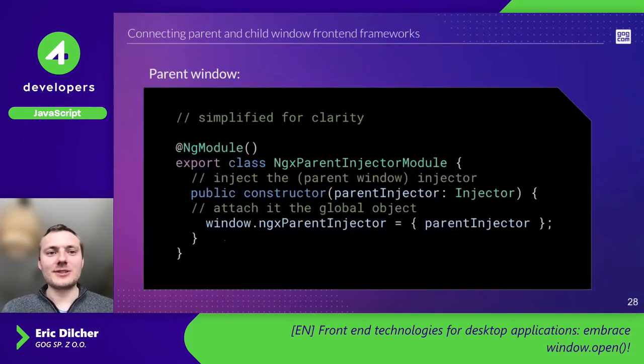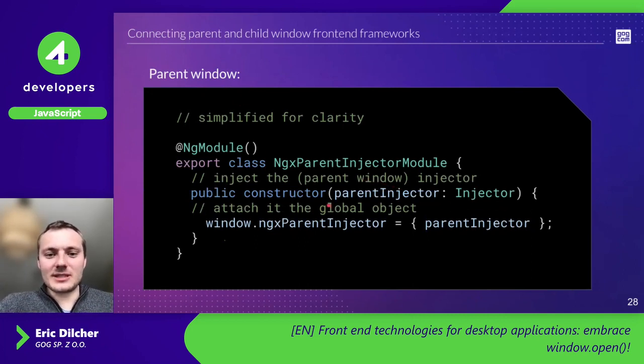And here, this is very simplified. I've cut out a lot of details, but I just wanted to show you how we ended up doing this. So here we have an Angular module. What's key to remember is where any piece of code is being executed, in which context. So in this case, it will be executed in the parent window or the main window. I use those terms interchangeably.